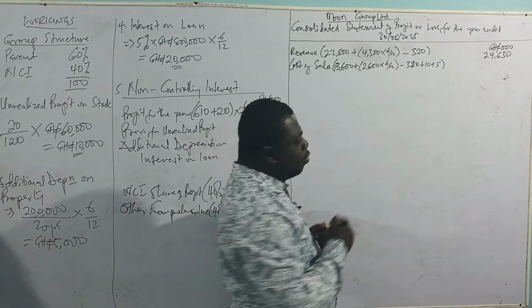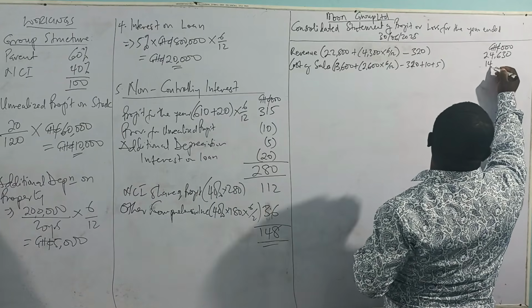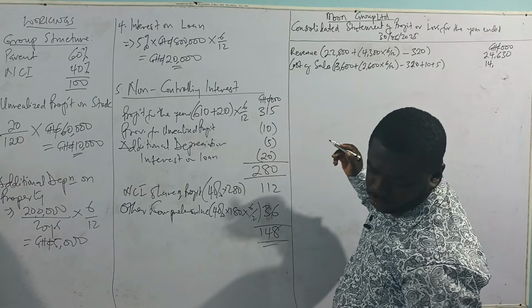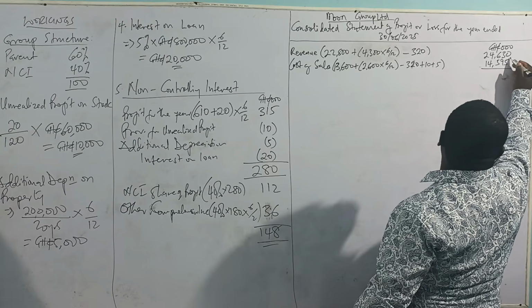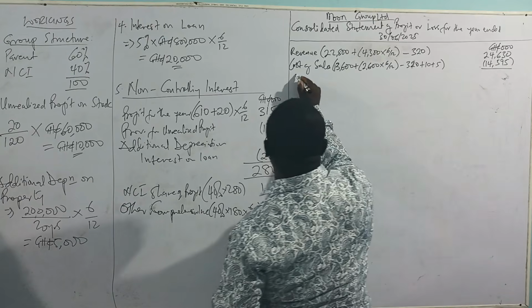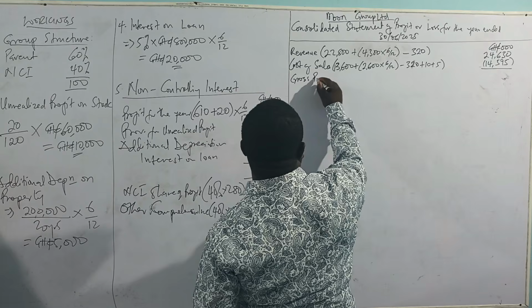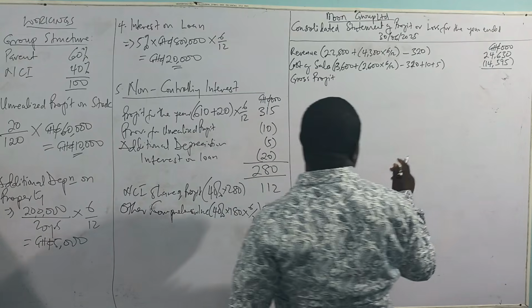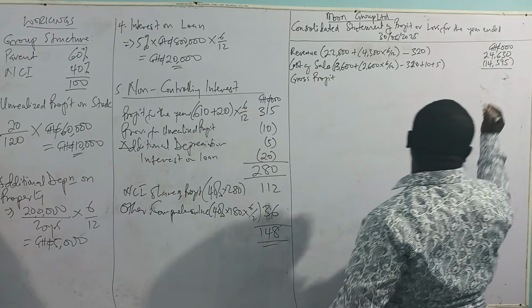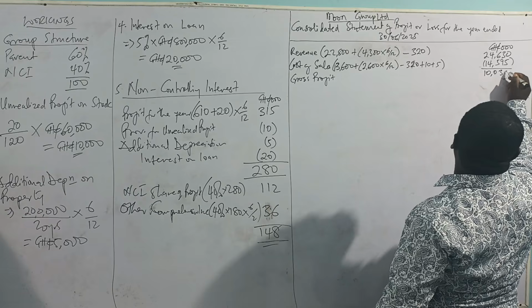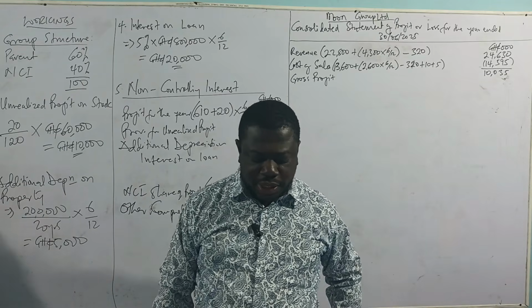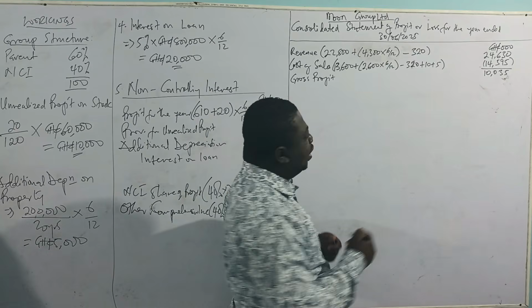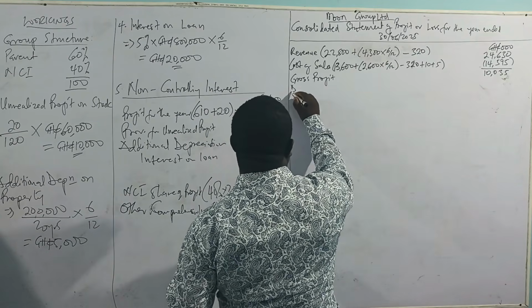And the final answer will be 14,595. So that will be in brackets, and then the resultant figure becomes our gross profit for the group, which is 10,035. And then afterwards, we look at distribution costs. We just consolidate the two.